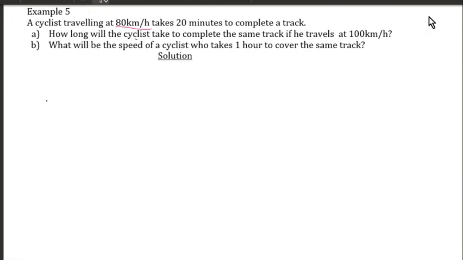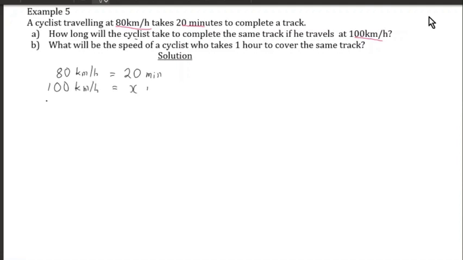So we have our speed in kilometers per hour, and then we are to calculate our time in minutes for the first one. So we know that 80 kilometers per hour will require 20 minutes. So what if I have 100 kilometers per hour?